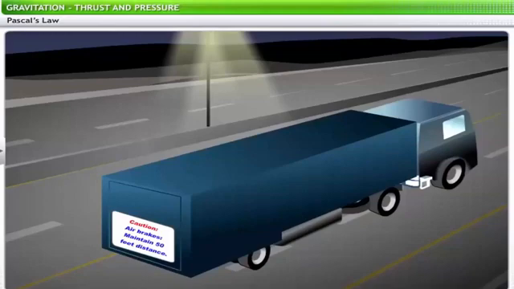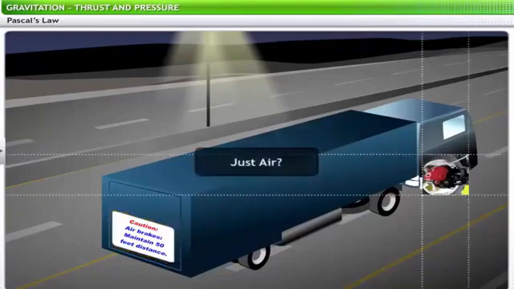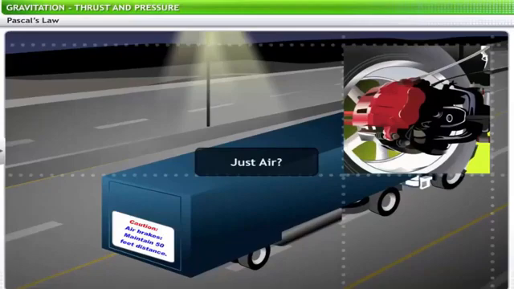Now let's look at some applications of the concept of pressure in our everyday life. You may have seen a warning at the back of trucks moving on highways. Caution! Air brakes, maintain 50 feet distance. So, air is used in applying brakes for these huge vehicles?